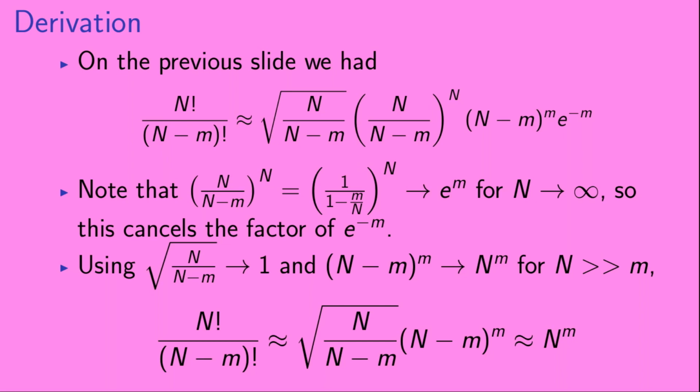Okay, next, using the fact that the square root of n over n minus m goes to 1, and n minus m raised to the power of m goes to n to the m for n much greater than m, we get that n factorial over n minus m factorial simplifies down to be approximately equal to n to the m.